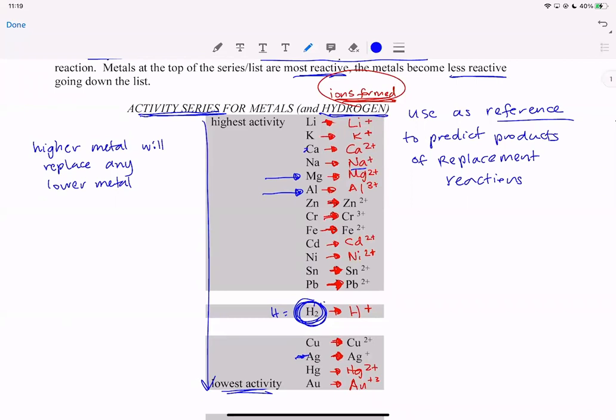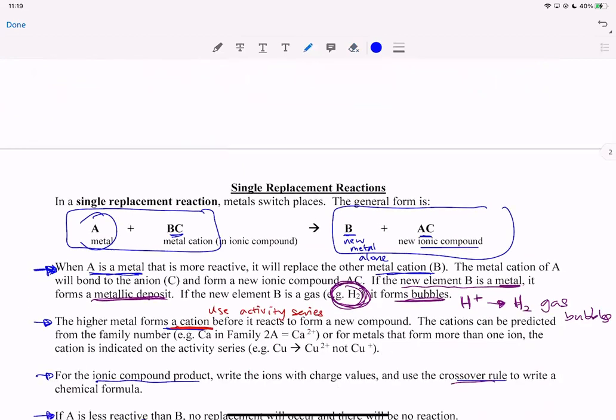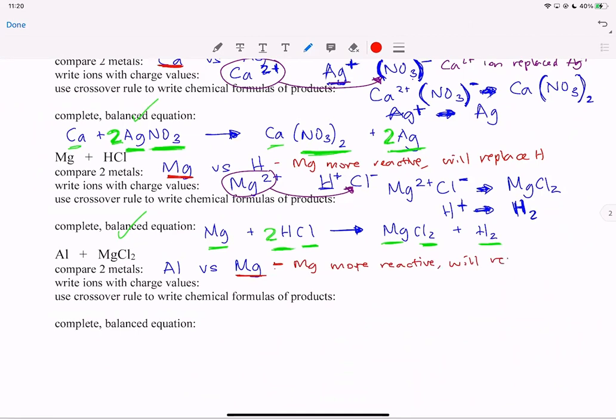So who's the more reactive metal? It is the magnesium. Magnesium is more reactive compared to the aluminum. So the magnesium is more reactive, and the magnesium being more reactive, it will replace the aluminum.